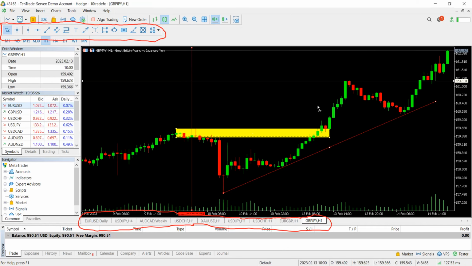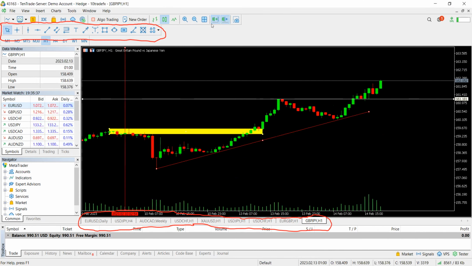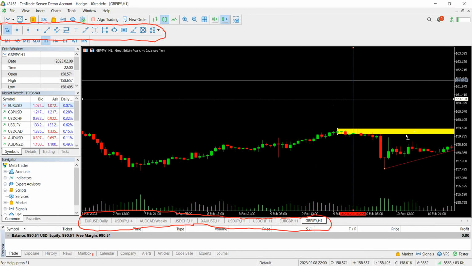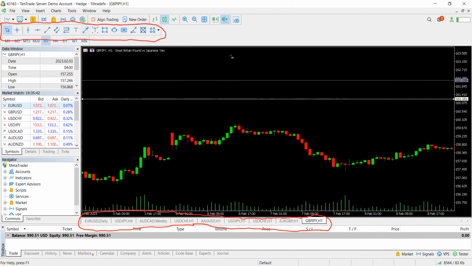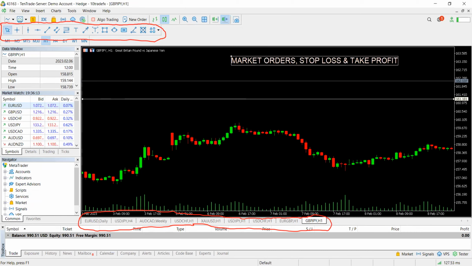All right, so before we talk about how to place a trade, let's talk about this real quick: market orders, stop loss, and take profit.